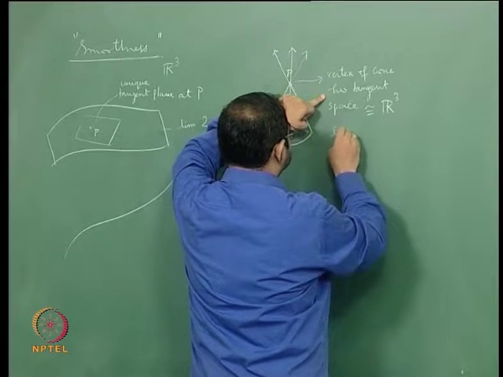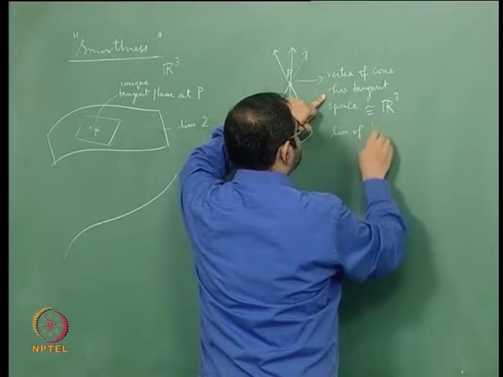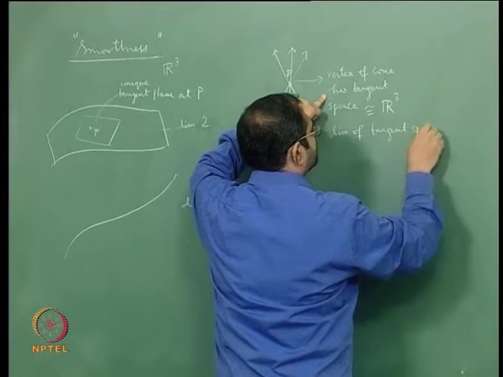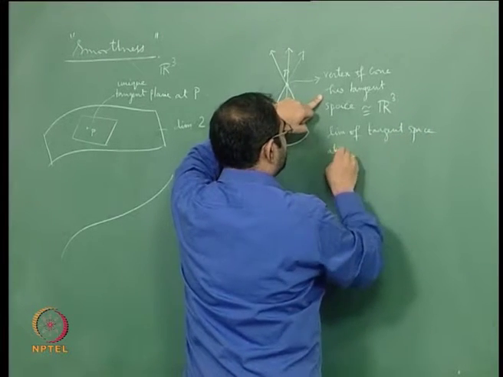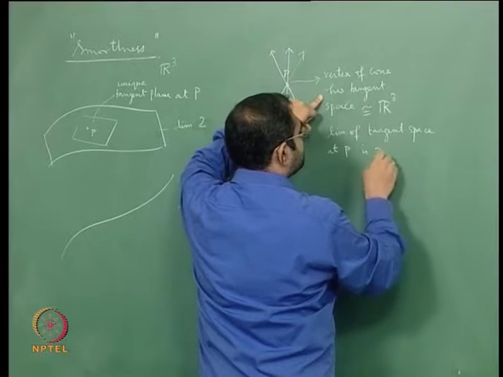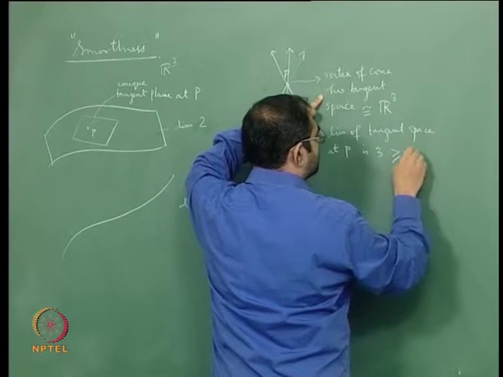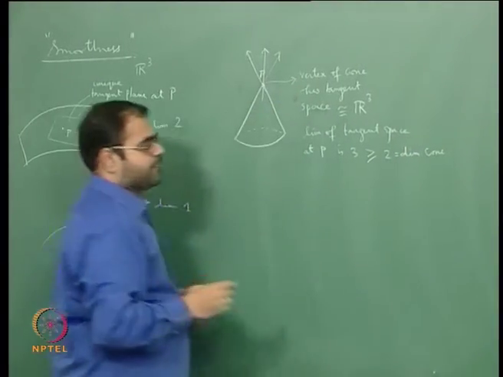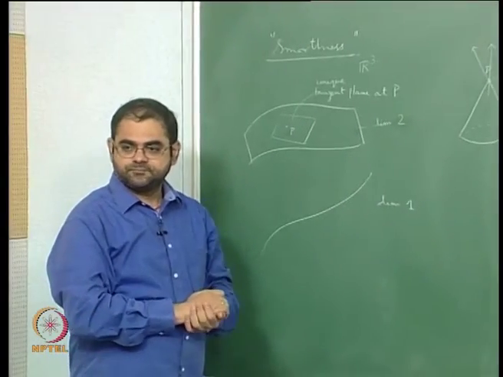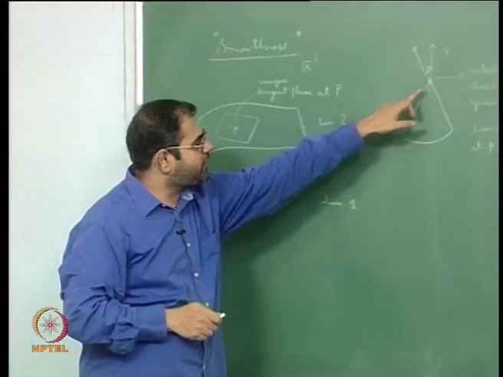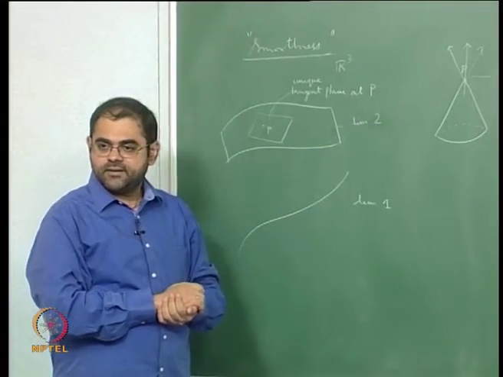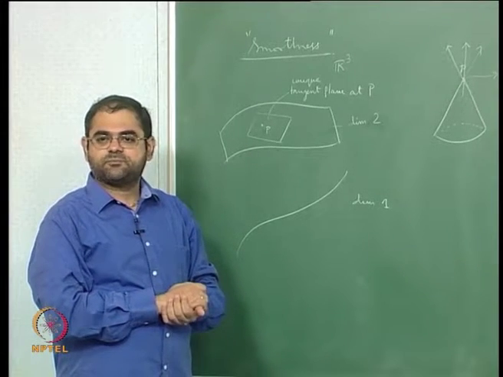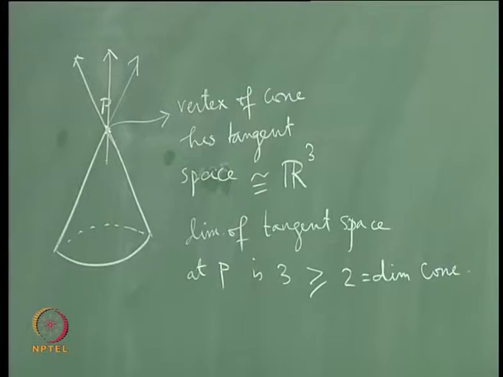So here the dimension of the tangent space at the point P is 3, which is greater than or equal to 2, the dimension of the surface. The cone is 2 dimensional, but you take that point which is the vertex of the cone, and there you look at the tangent space, namely the vector space spanned by all tangent vectors.